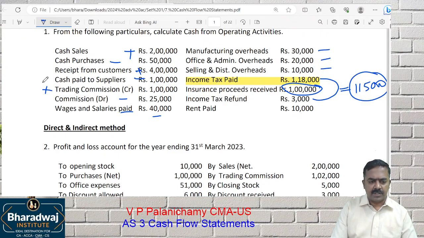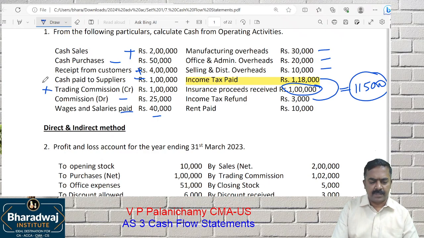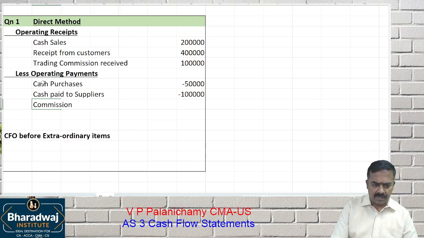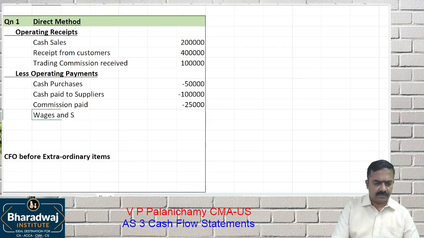Less operating payments. What are all the operating payments? Cash purchases, how much? 50,000. Then cash paid to suppliers, 1 lakh. Then commission paid, 20,000, 45,000. Then wages and salaries paid, 40,000.